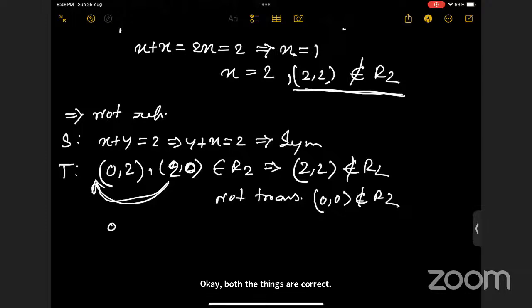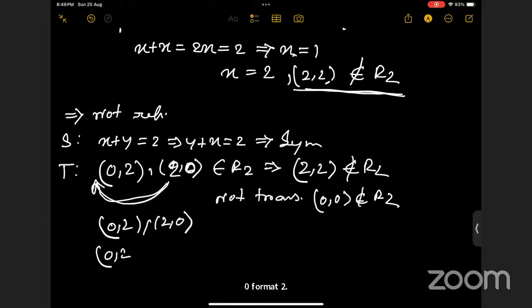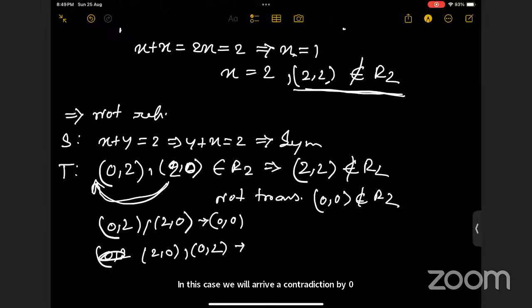If we write (0, 2) and (2, 0), and also we can write (2, 0) and (0, 2), in this case we will arrive at a contradiction with (0, 0), and in the other case we will get (2, 2) as our contradiction, right?